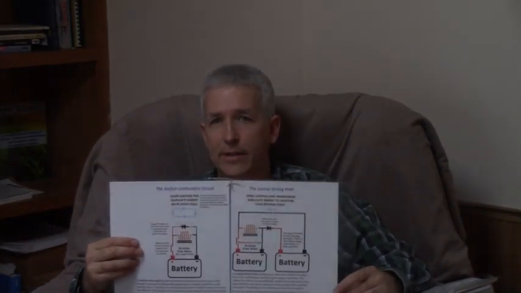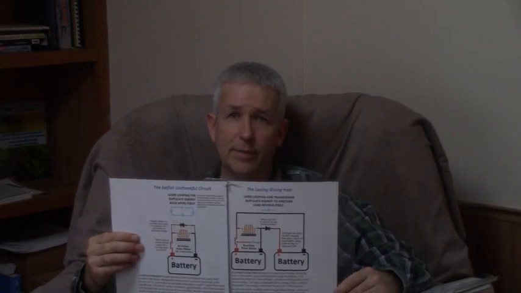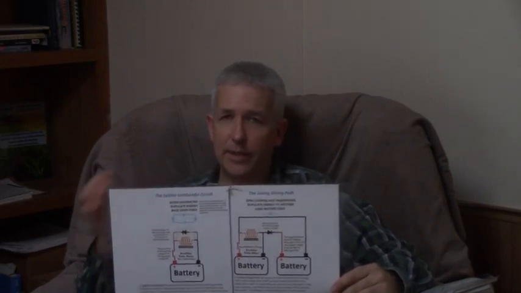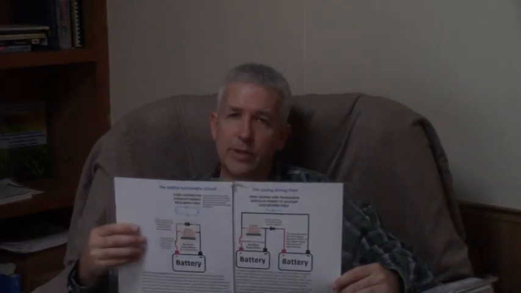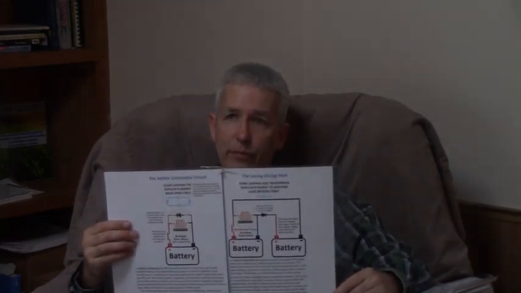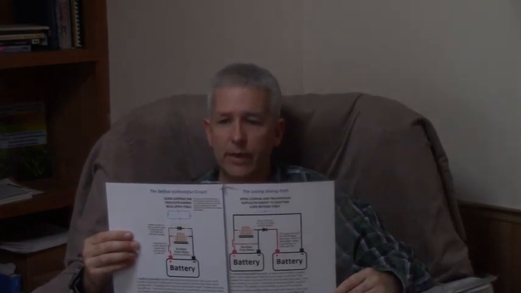Now you might say, what's the point of even saying that? What difference does it make? Well, it makes a big difference, because if the load determines the losses in the circuit or the discharging, then we can't have free energy.